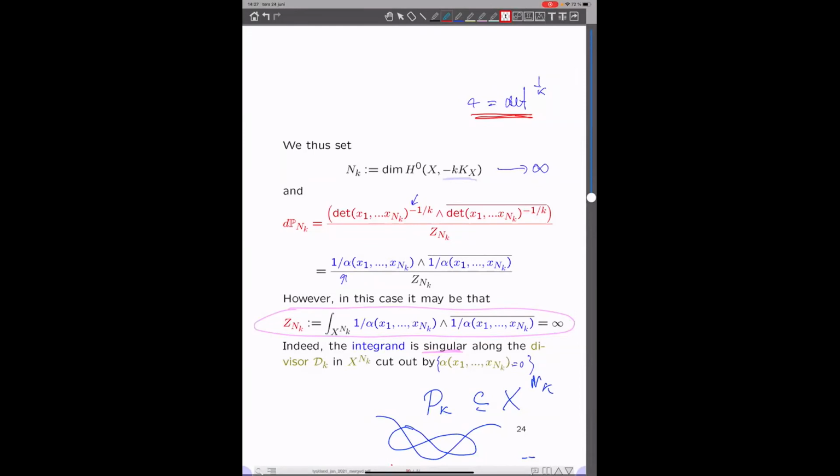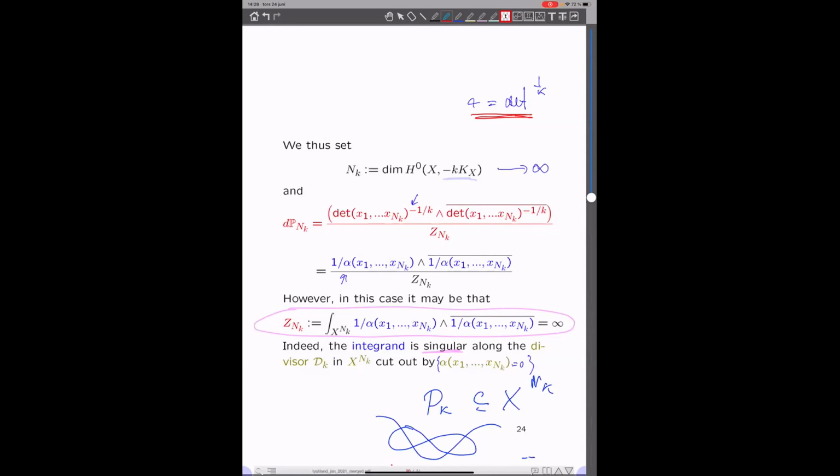This integral could very well be infinity, because now the integrand is actually singular along the divisor, the hypersurface cut out by the zero locus of alpha. Because I'm using a minus sign in the exponent, the integrand will blow up along some hypersurface, and when I integrate this, there is no reason that this should be finite in general. It could be too singular to be finite.